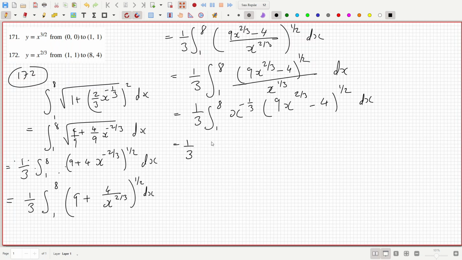So, bring down the power. Okay. Reduce the power by 1.